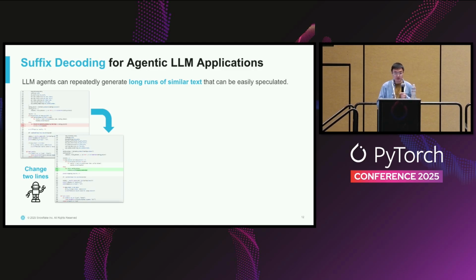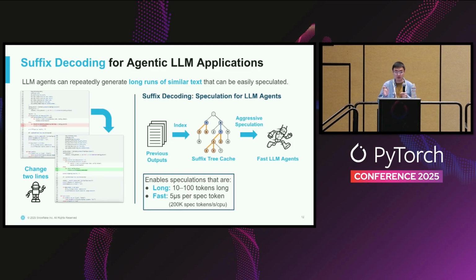So to leverage these repetitive patterns, what suffix decoding does is it builds a cache of previously generated outputs, and it organizes this in a suffix tree, which is very efficient. And it uses the suffix tree cache to aggressively speculate new tokens when it detects that there is a repeat happening, right?